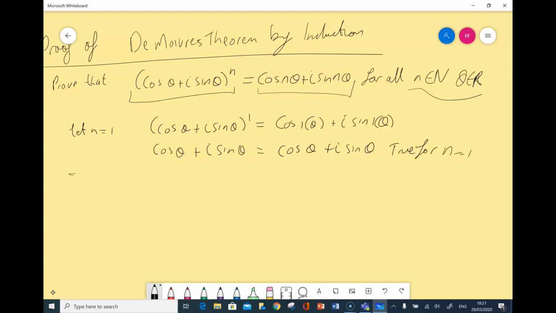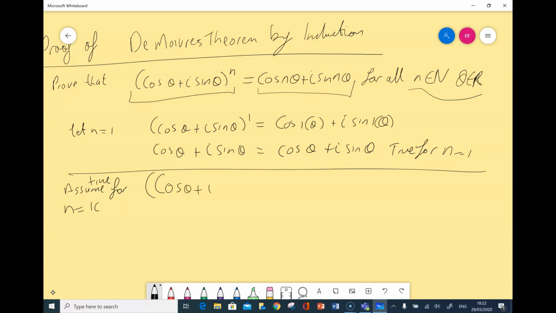Okay, now as usual, we assume true for n equals k. So we're saying that (cos theta + i sin theta)^k equals cos k theta + i sin k theta. Okay, it's our assumption.